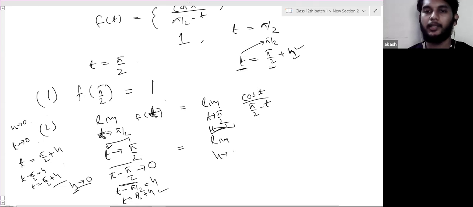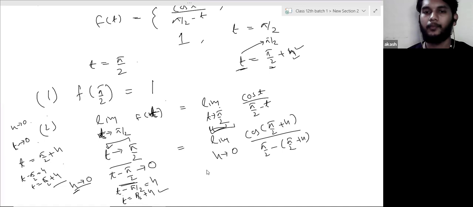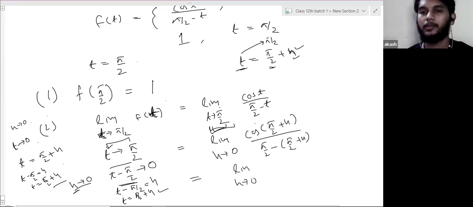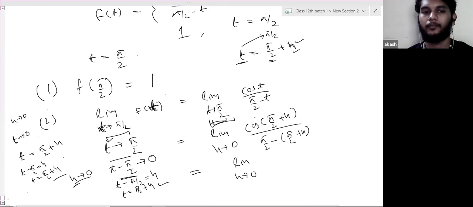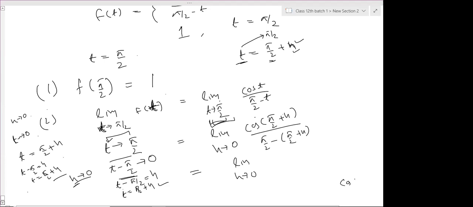So limit h tending to 0, cos of pi by 2 plus h upon pi by 2 minus pi by 2 plus h. Now, what is cos of 90 plus theta?